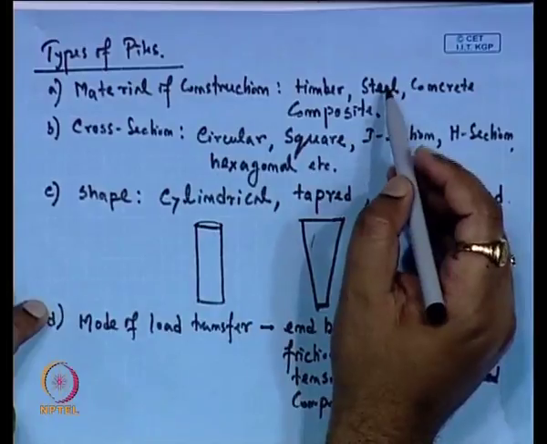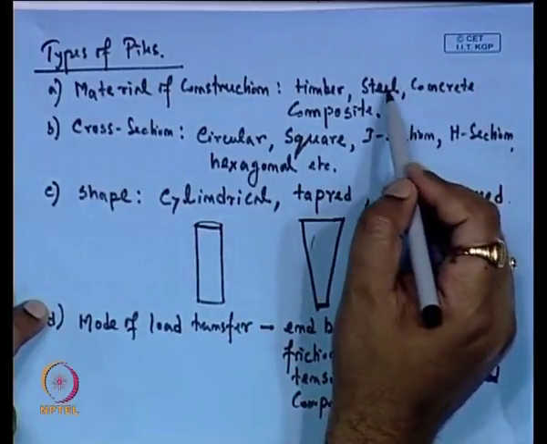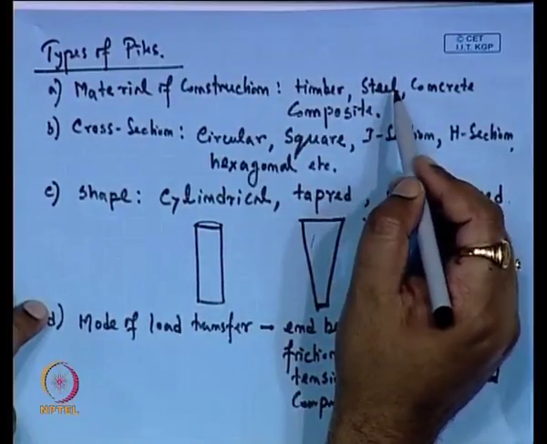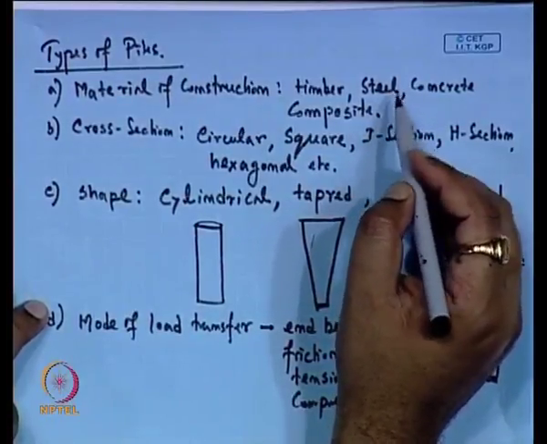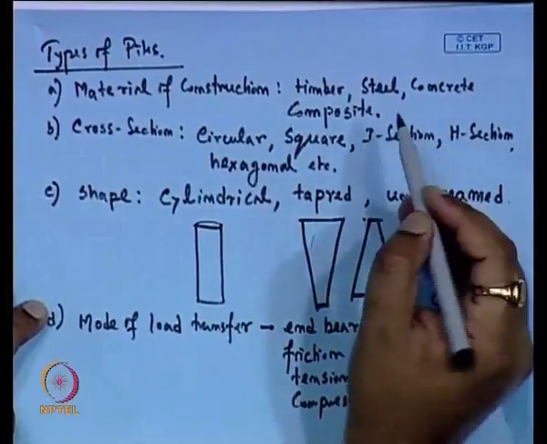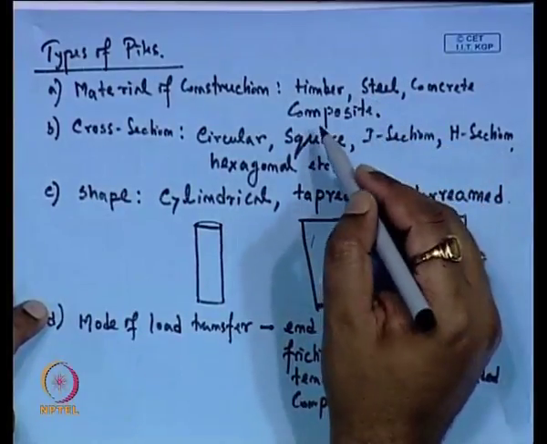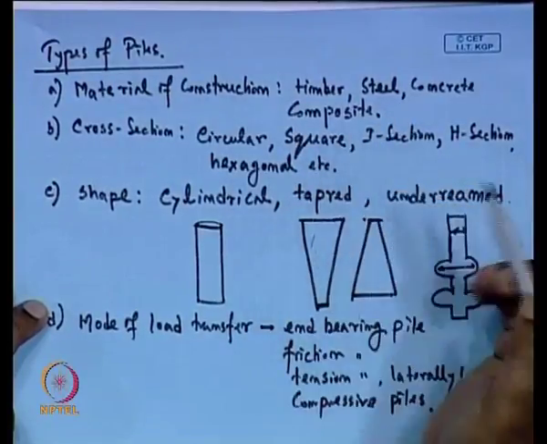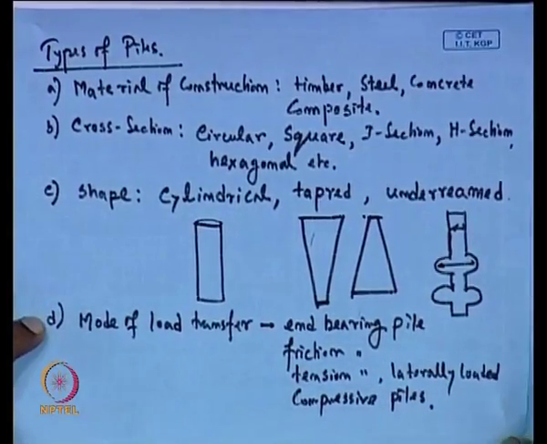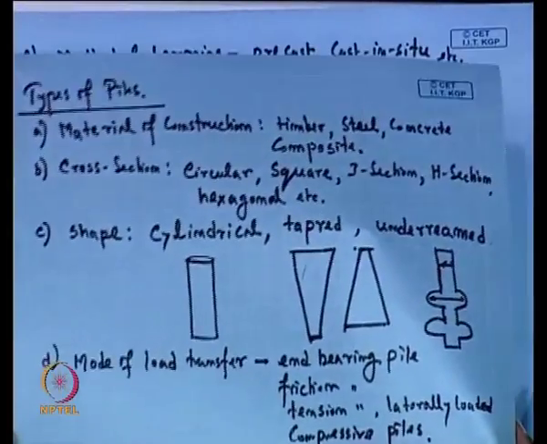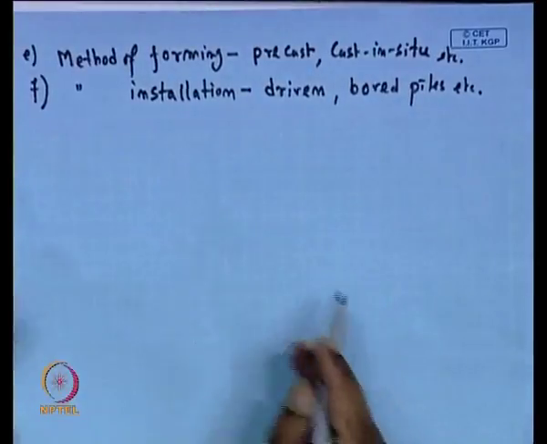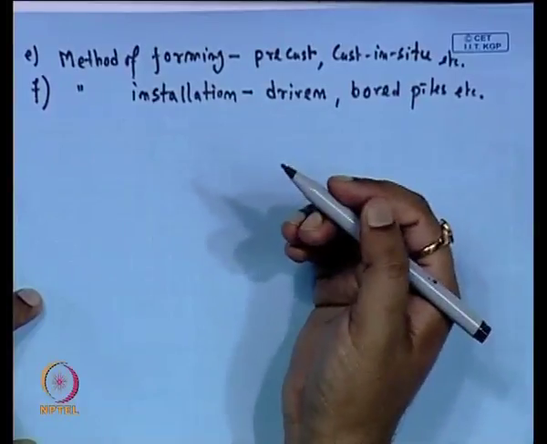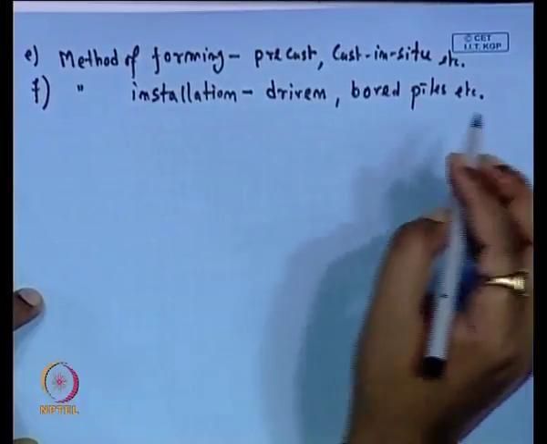Now, steel piles are small displacement piles used to carry heavy loads, up to 40 meters of length, and can carry around 1800 kilonewton per pile. Driven precast concrete piles are usually in a state of compression. Then there are the cast in situ concrete piles. So, these are the different types of piles used.